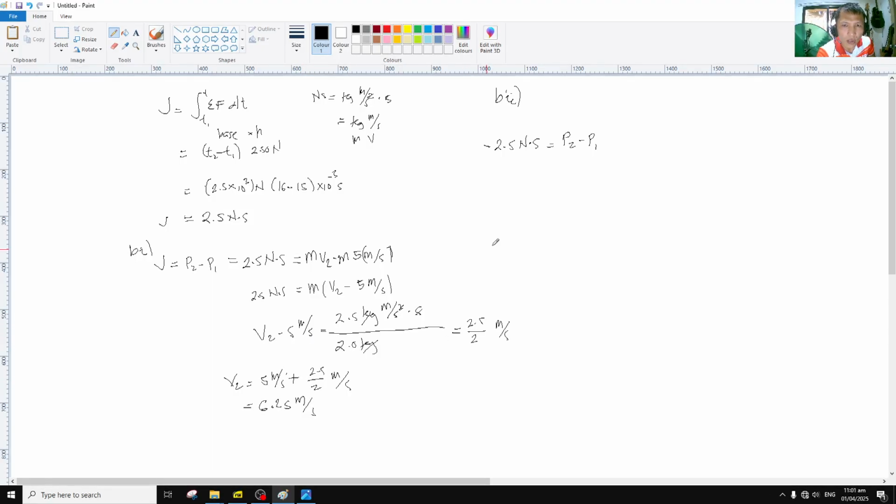So V2 would be equal to 5 meters per second minus 2.5 all over 2 meters per second, and that gives you 3.75 meters per second. Okay?